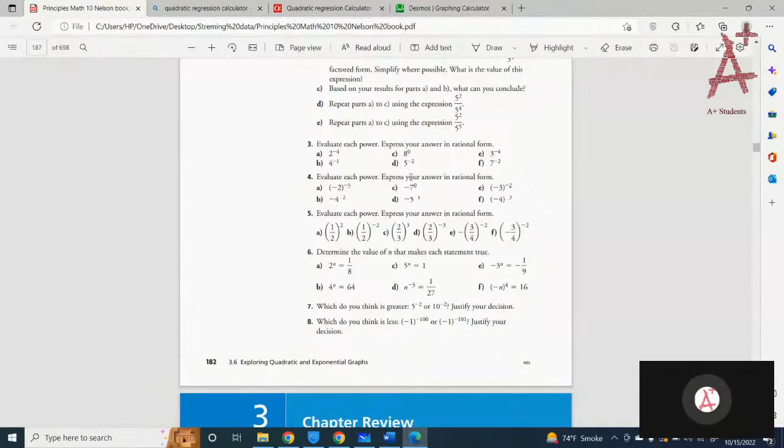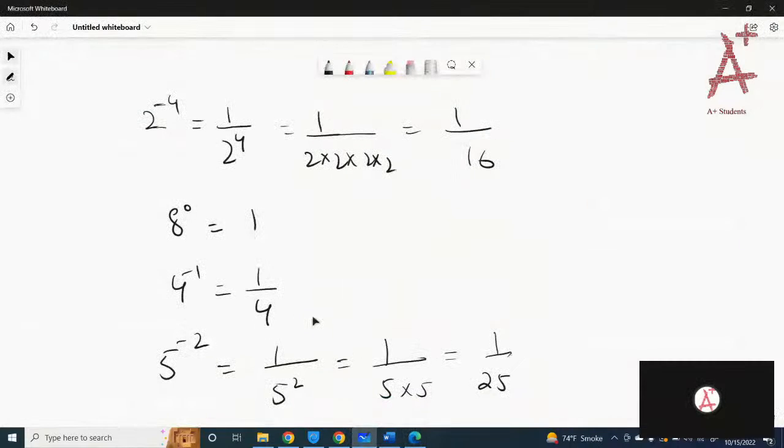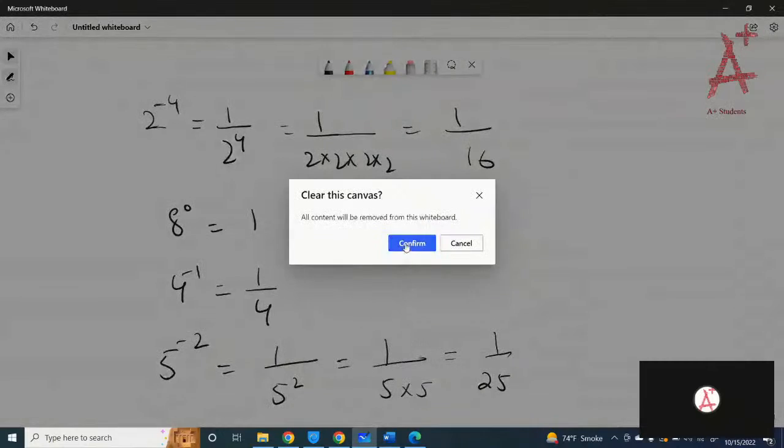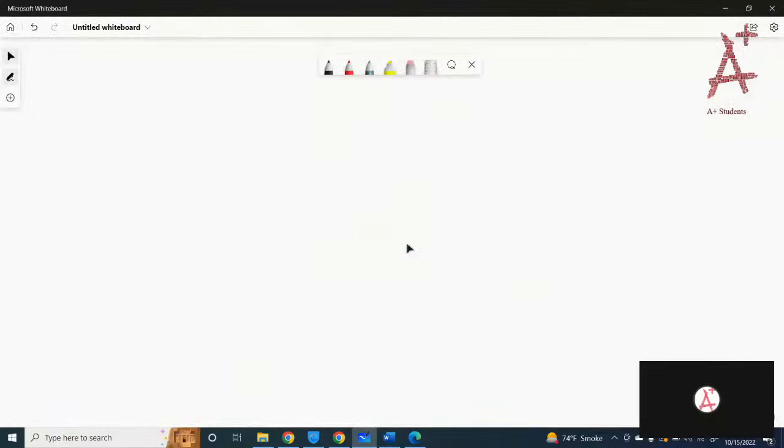Evaluate each power, express your answer in rational form. Negative 2 exponent negative 5. You can also make the power positive by writing it in the denominator, 1 over negative 2 to the power 5.